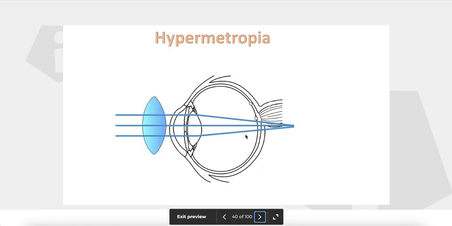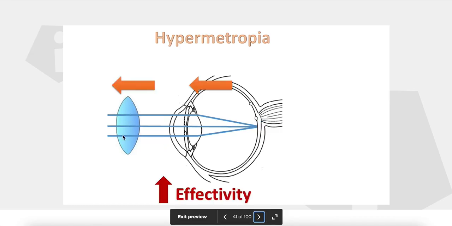So as we put plus lenses, the image moves forward, and if we increase the power, the image will move forward, and if we move the lens itself forward, the image will move forward, bringing it onto the retina, making its effective power increase, or the magnifying effect. That's why the hypermetropic patient tends to move the glasses away from his eye in order to gain a magnifying effect, increasing the effectivity.